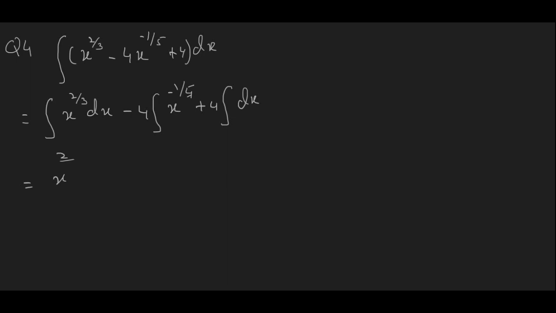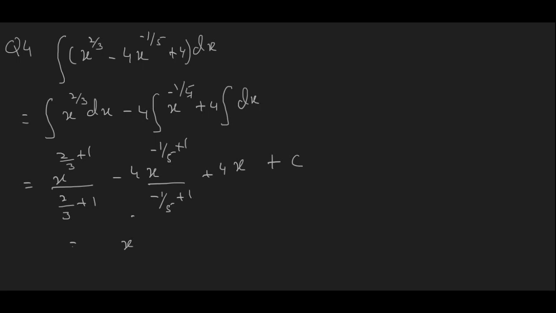So x raised to power 2 by 3 plus 1 over 2 by 3 plus 1, minus 4 x raised to power minus 1 by 5 plus 1 over minus 1 by 5 plus 1, plus 4x plus c.